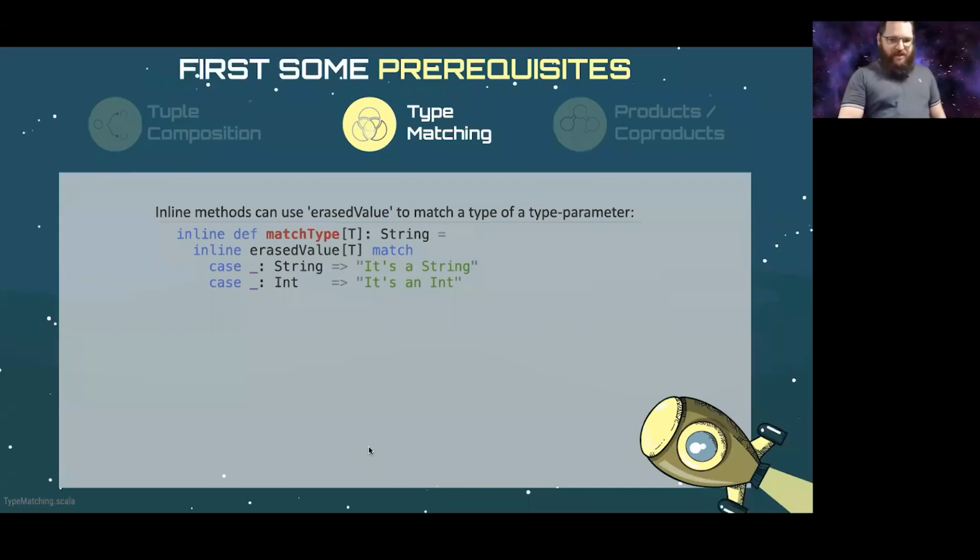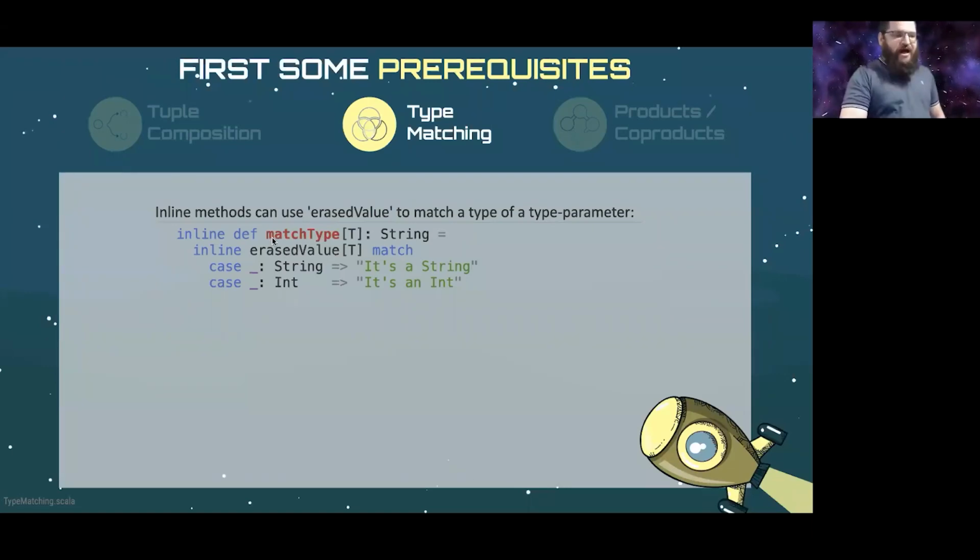Well, in Scala 3, what we have is this thing called erased value, which is, again, something that you can only do during compile time, and you can basically extract a value of a type. Now, you can't actually extract it in real life. That is to say, you can't actually use it. You can't assign it to something, really.